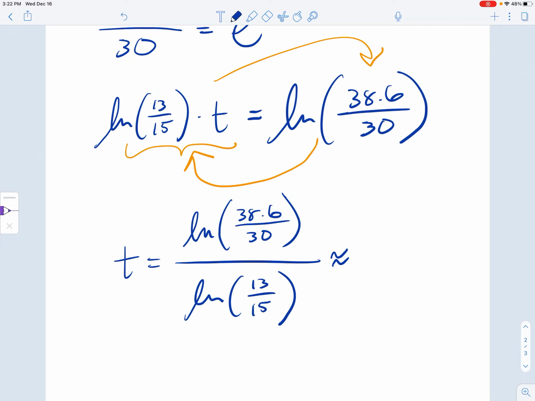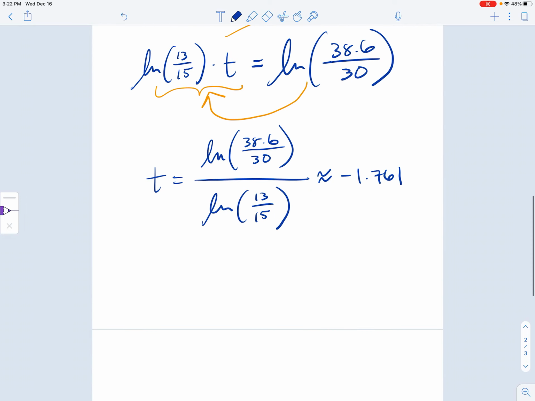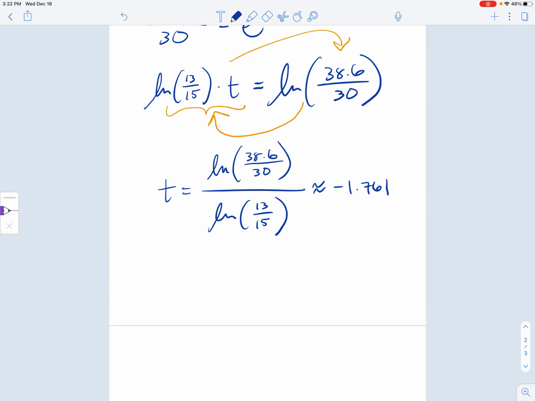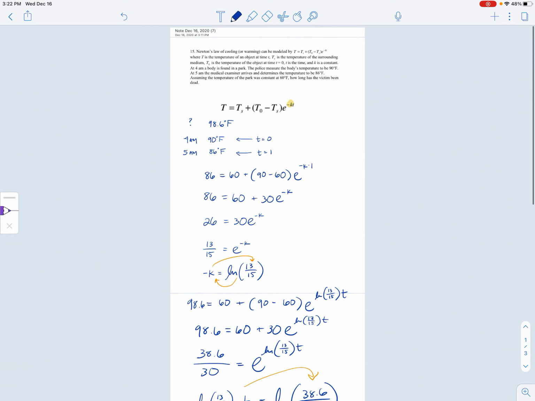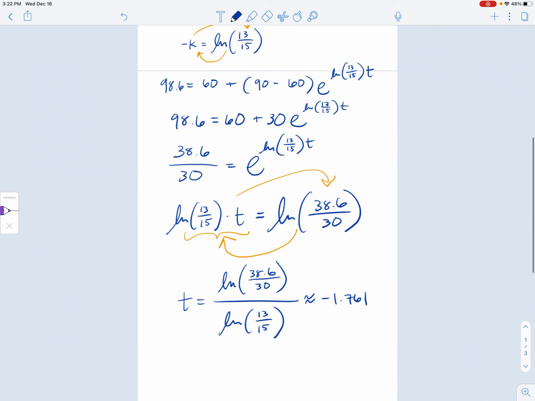I'm typing in ln of 38.6 divided by 30, divided by ln 13 over 15, and I get approximately negative 1.761. So that means as of 4 a.m., the victim would have been dead for approximately 1.761 hours.